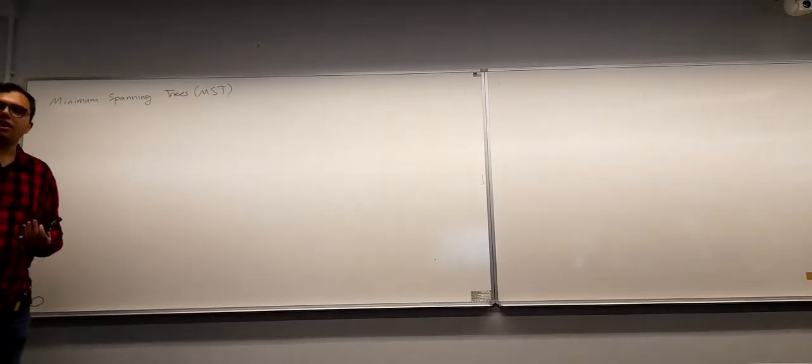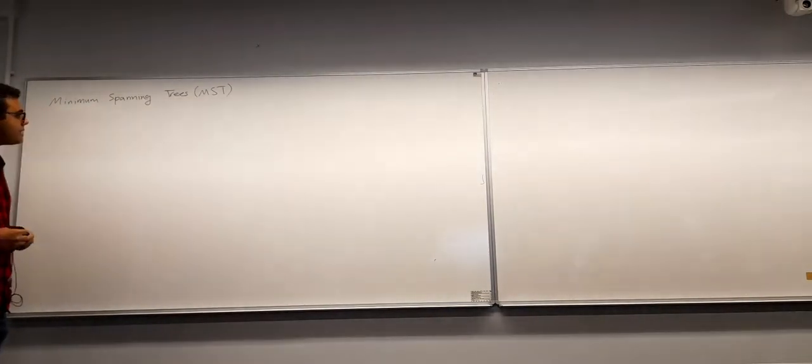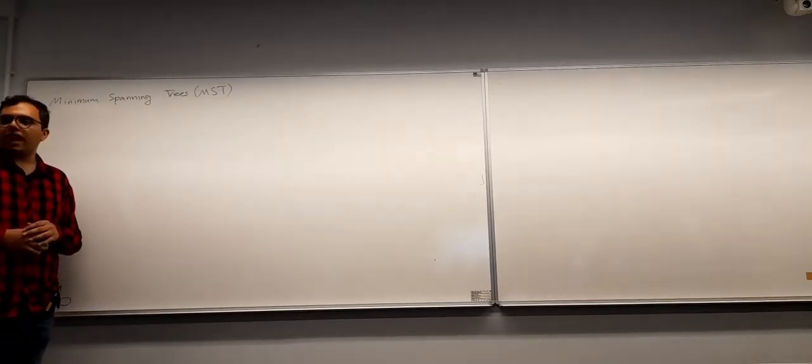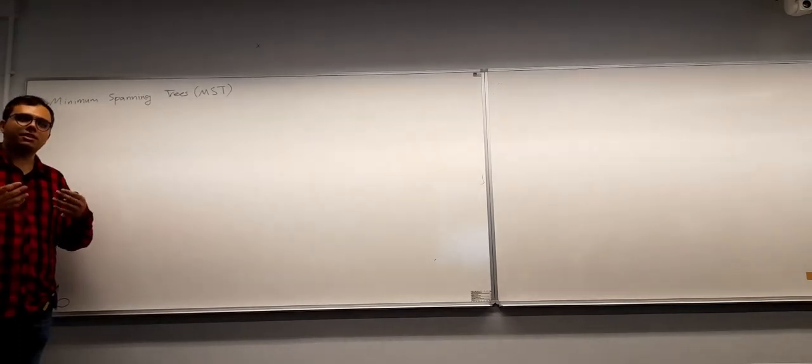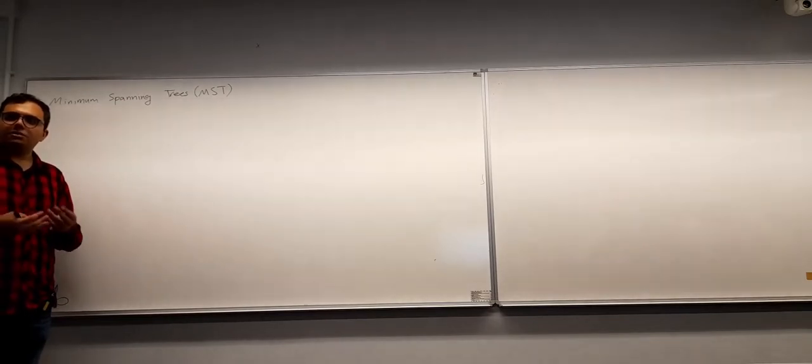So let's say that you have a graph and it's an undirected graph, but it's connected. And let's say that every edge has a weight as well. And we want to remove as many edges as possible. We want to make sure that we minimize the sum of the total weights of our edges in a way that keeps the graph connected.